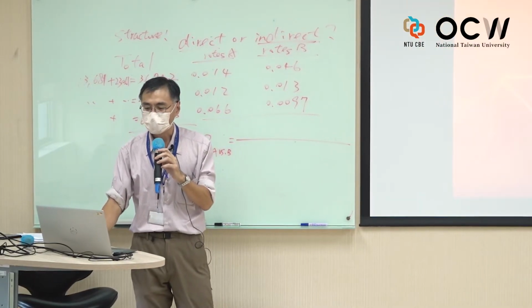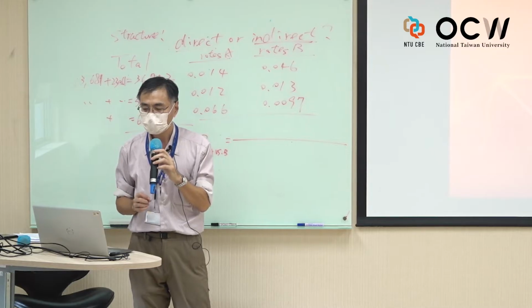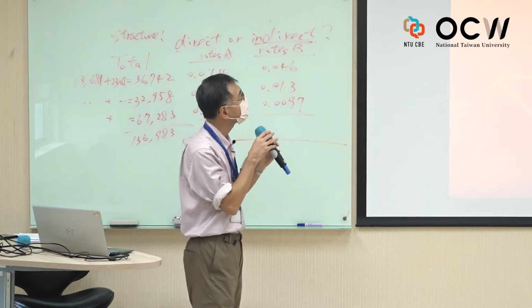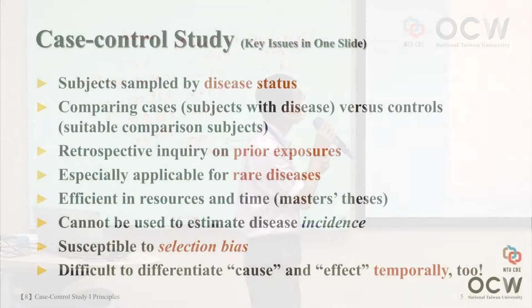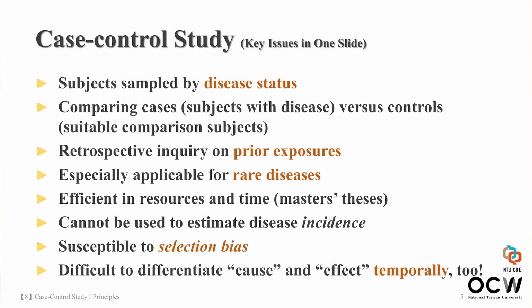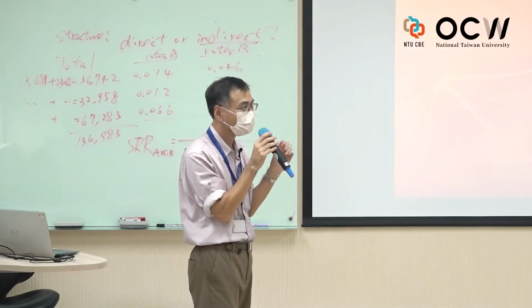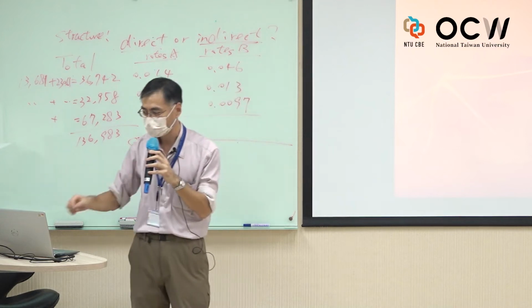Okay, but for a typical case control study, I've summarized everything about case control study in one slide here. Subjects are sampled by disease status, so it's a little bit different from the cross-sectional study.